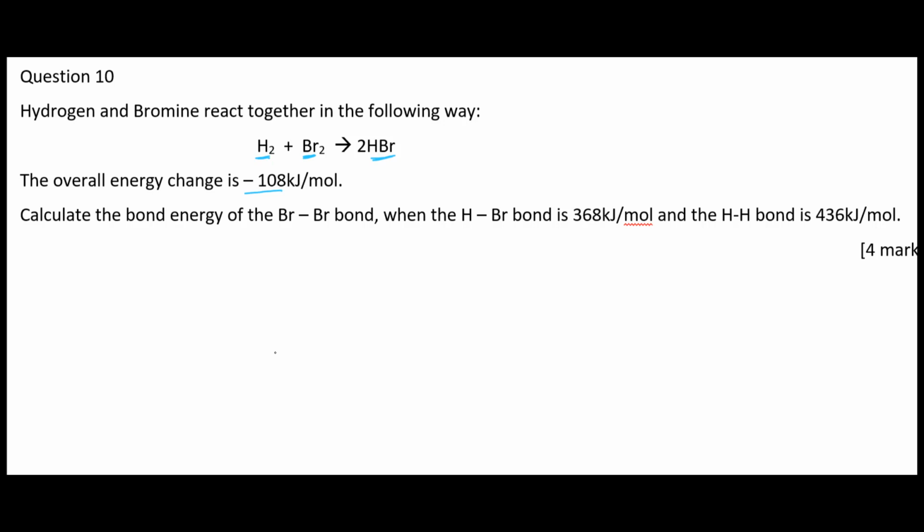So that lets me know that this must be an exothermic reaction because energy is being released. And we're asked to calculate the bond energy of the Br-Br bond, or the bromine-bromine bond. And here we're given the hydrogen-bromide bond energy and the hydrogen bond energy.